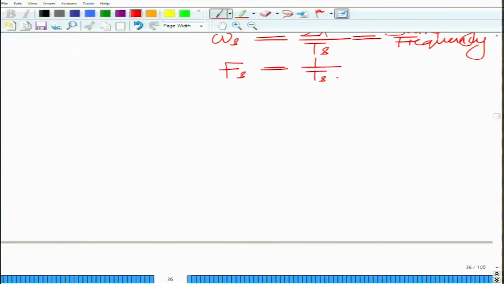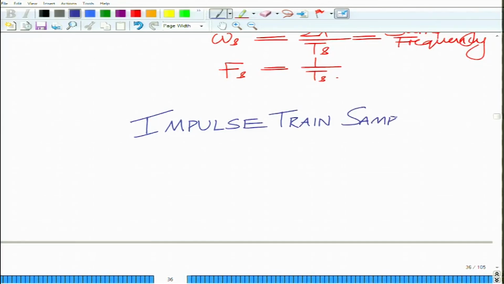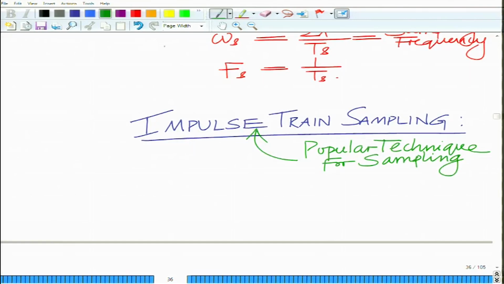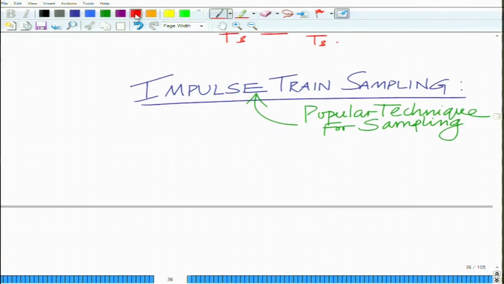So, one of the most popular techniques for sampling is impulse train sampling.